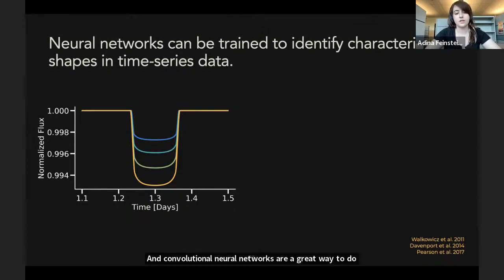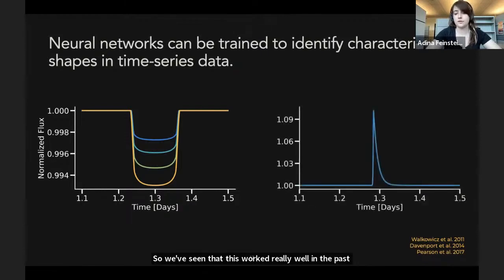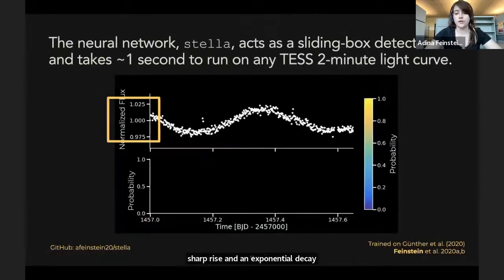We've seen that this worked really well in the past for exoplanets, which we can describe very well with an analytical model, and the same thing can be done with flares. Flares have a very characteristic shape in time series data, with a sharp rise and an exponential decay. And so a few years ago, I developed this machine learning algorithm to find flares in TESS data without having to remove the photometric variability.